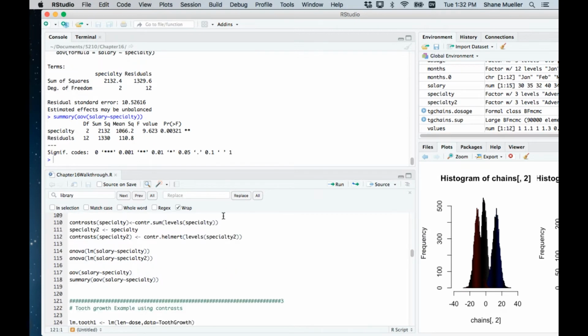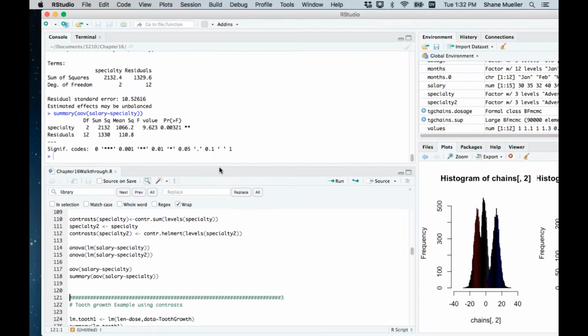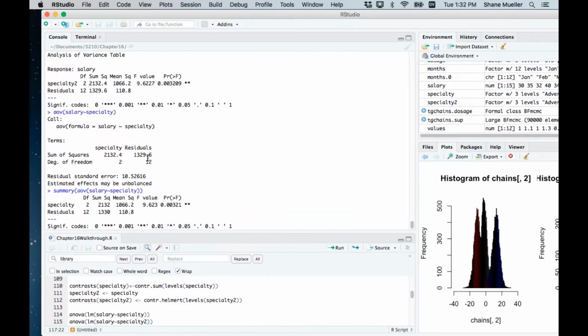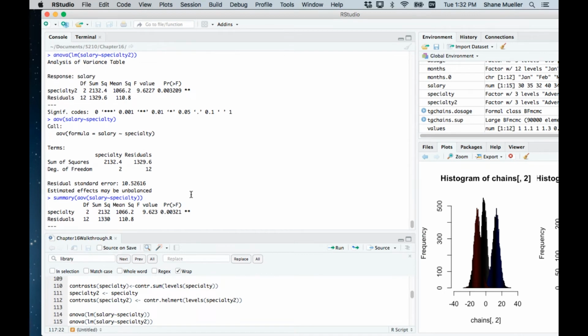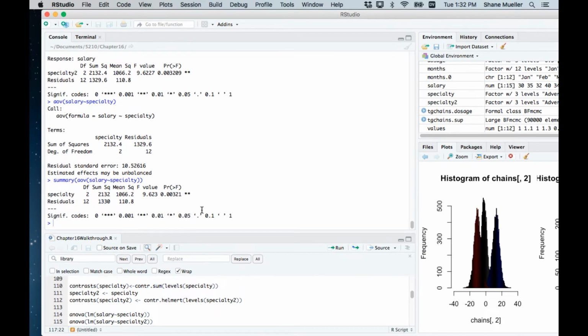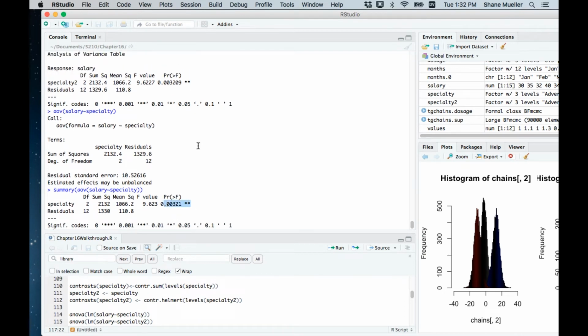And you can see that although these are slightly different, the summary of AOV gives me this output, and the summary of the ANOVA of LM gets me this output, and they are almost the same, although this rounds off to one fewer significant digits than this does. But otherwise, the test ends up being the same. These numbers look different, but they're the same. This is just giving me more significant digits.